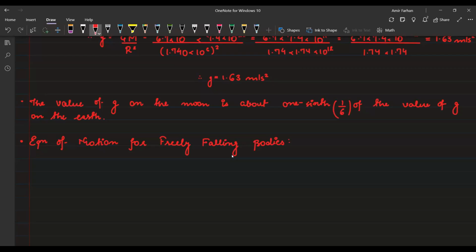So this is one of the most important topics in gravitation. In the first column, we are going to discuss the general, let's say, linear motion, because it is a straight line. Whenever we talk about the normal motion, that is a straight line motion. And this is free falling motion.